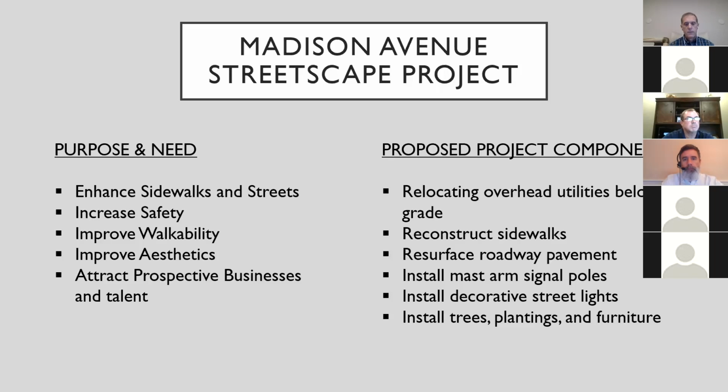The proposed project components that we are looking at for the project are relocating the overhead utilities to below grade, reconstructing sidewalks, resurfacing the roadway pavement, installing mast arm signal poles, installing decorative street lights, and installing trees, plantings, and furniture along the corridor.